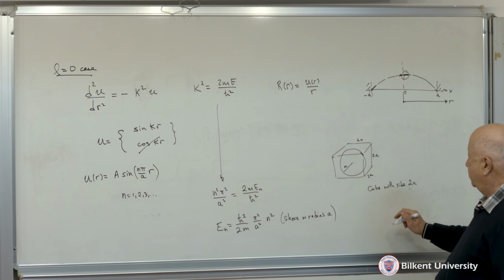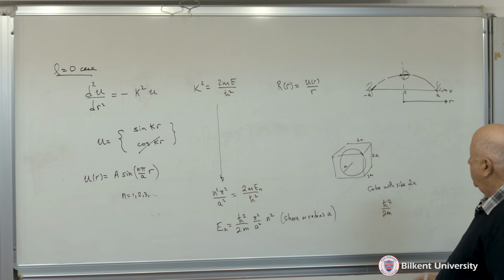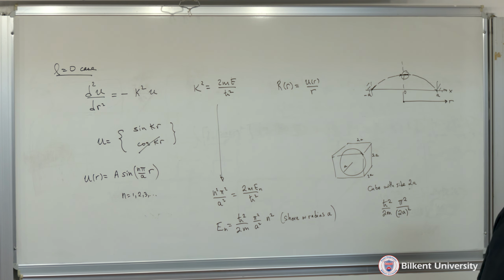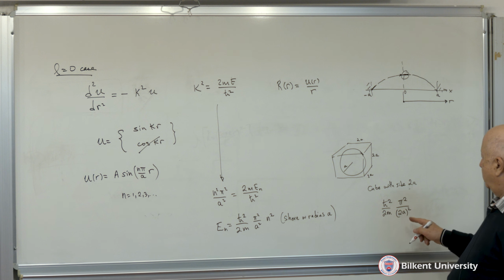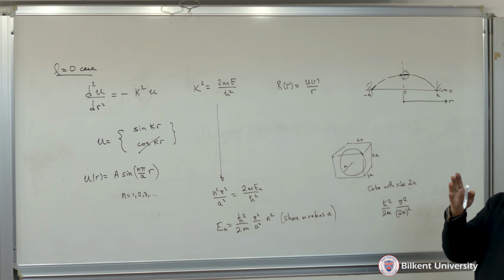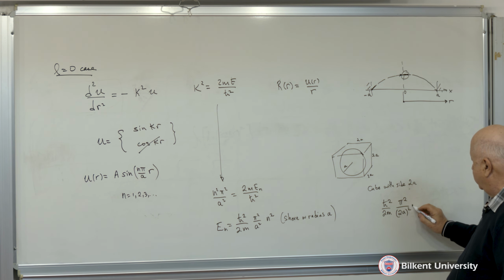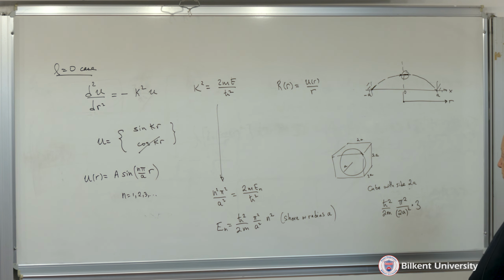That's going to be h bar squared over 2m, multiplied by pi squared over 2a squared, because that's the size of the box. This is the energy of the eigenstate in only one direction, but I have 3 directions, so I have to multiply it by 3.